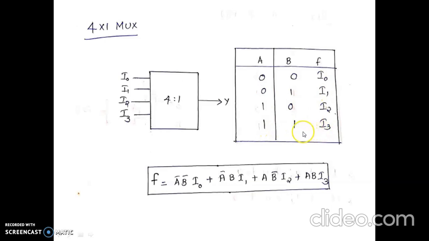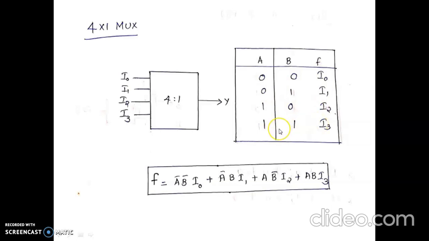From this, we can write the expression F is equal to A bar B bar I0 plus A bar B I1 plus A B bar I2 plus A B I3.